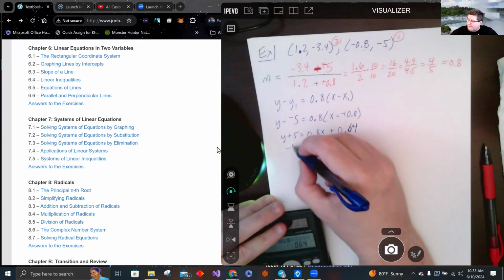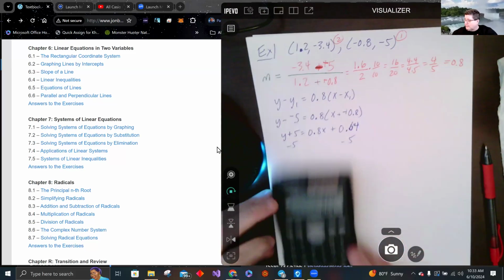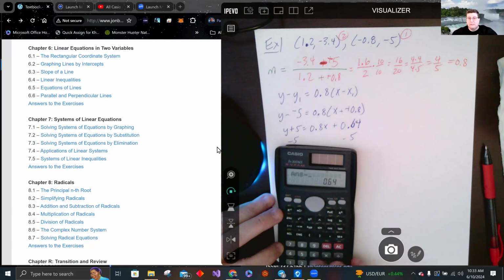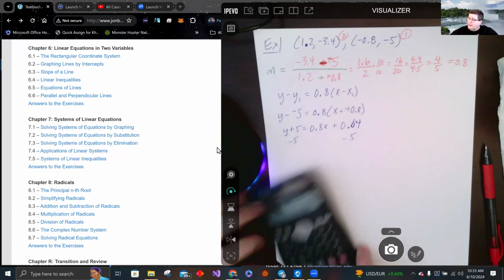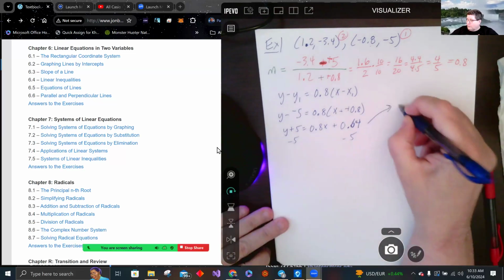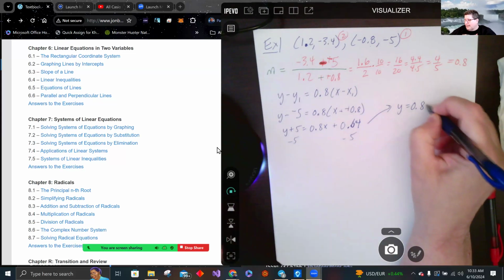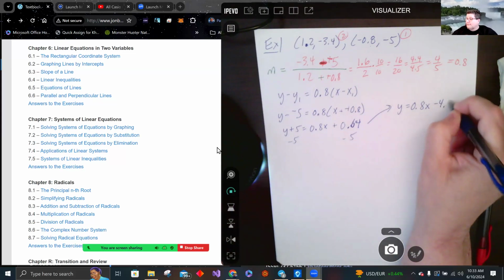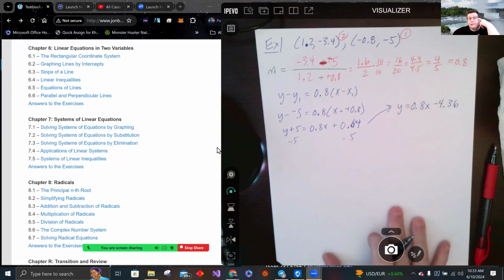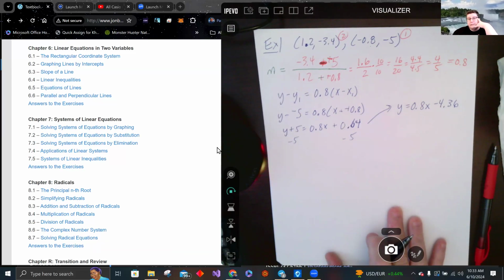I will now subtract 5 from both sides. And I get y equals 0.8x minus 4.36. All right.